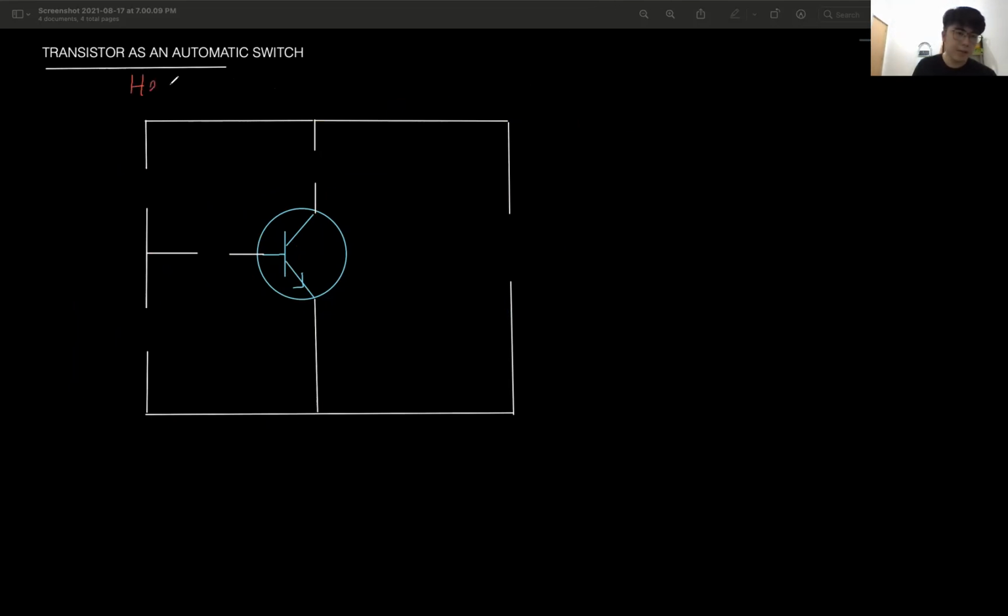The last one, just now was light operating, right? So here we look at the heat operating switch. For light operating, we use an LDR. For heat operating, we use a thermistor. What is a thermistor? Same circuit, it's the same connection. Nothing has changed.